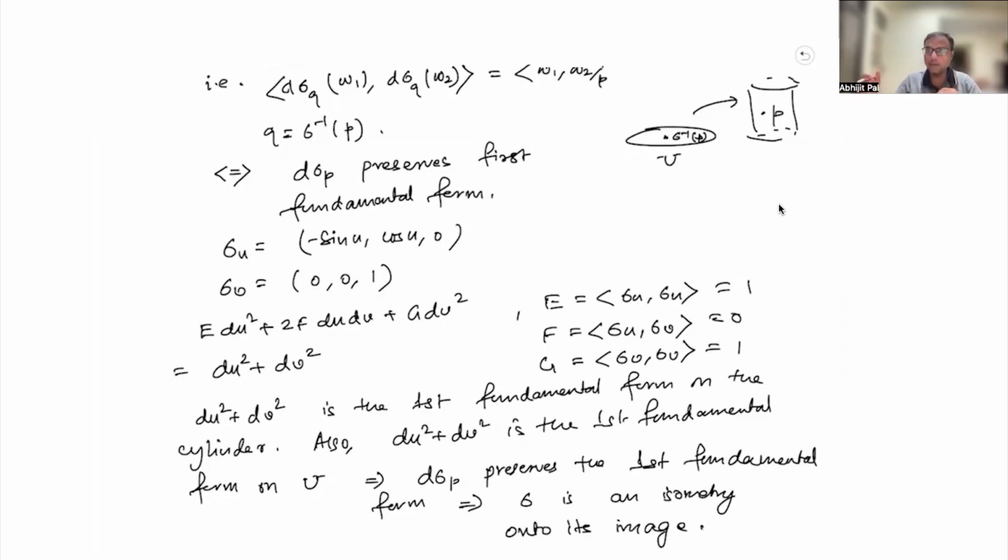Sigma is defined on an open subset of R2, and sigma is not defined on the whole of R2.